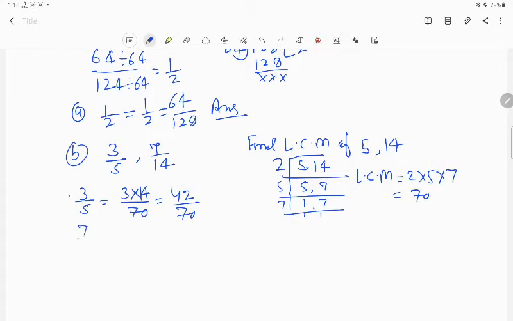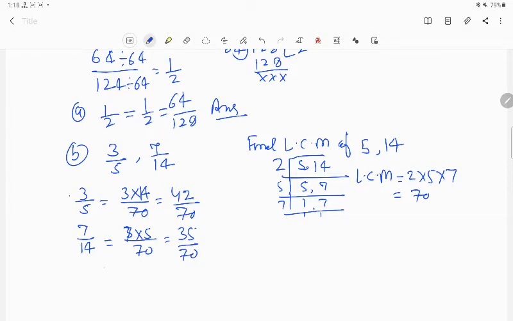And now 7 by 14, its denominator becomes 70, then 7 into 5 is equal to 35 by 70. The given fractions are converted into like fractions.